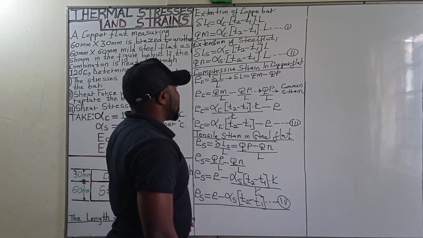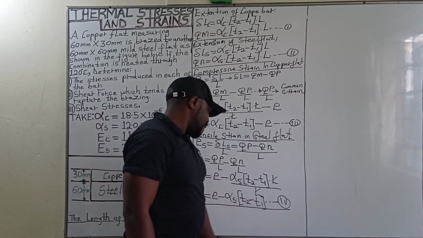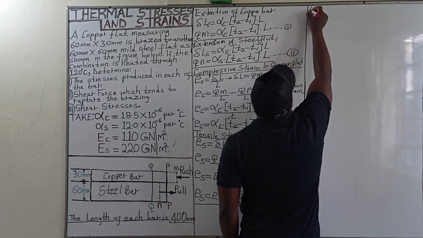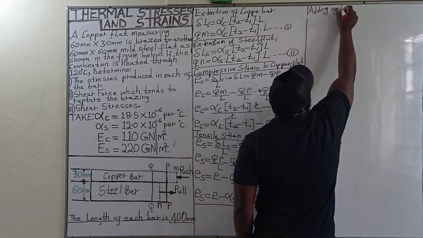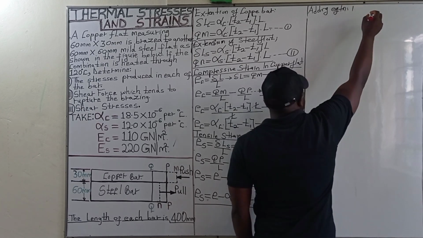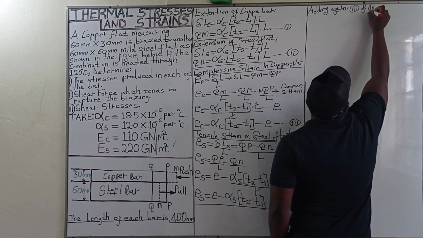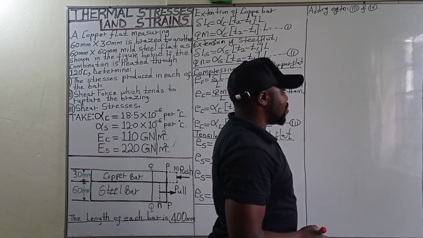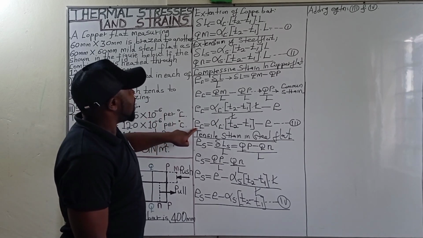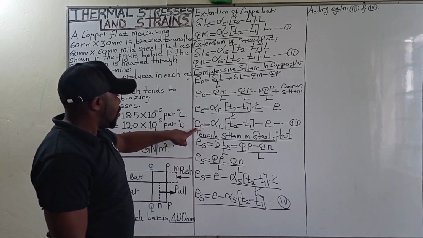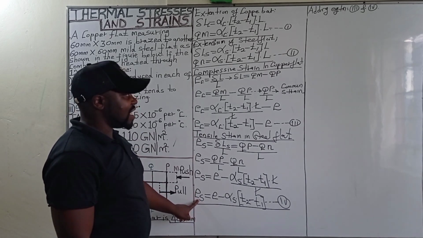Then from there, we are going to add these two equations, equation 3 as well as equation 4. So we are going to say this, adding equations 3 and 4. So when we add those two equations, we are going to have this. On the left hand side, we have the compressive strain in copper and the tensile strain in steel.